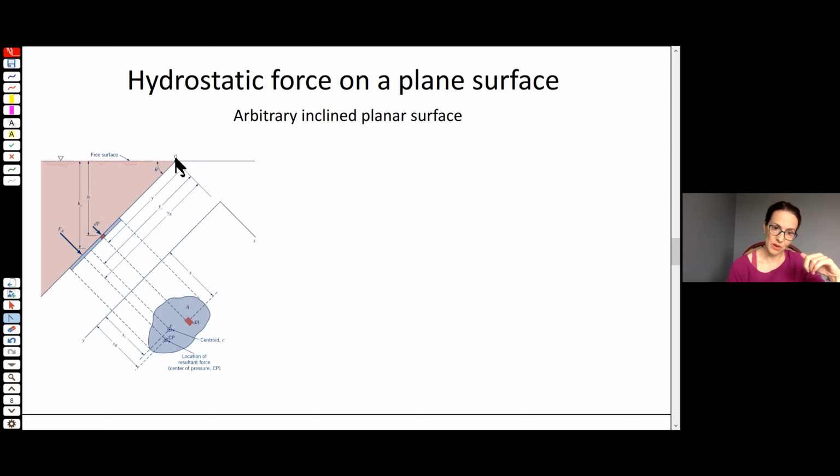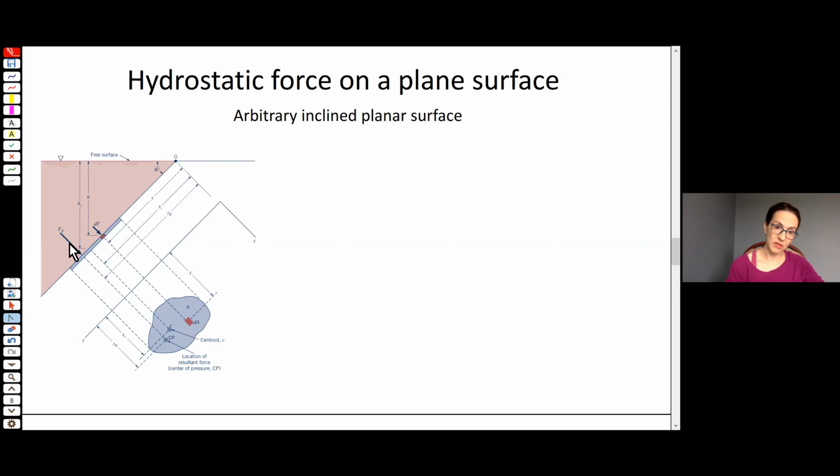And then we've got another coordinate y that goes along the surface of the submerged plane. So here we're looking at it from the side. Here we're turning it 90 degrees. So we're looking at this arbitrarily shaped surface face on, right? So this surface is at an angle theta with respect to the horizontal. And you can imagine considering the differential force dF at any point on the surface. We can look at it at a point x, y.